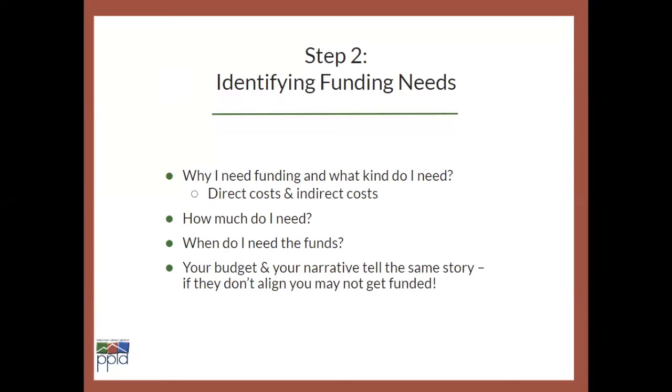Timing. When do you need the funds, right? Don't say you need it next week. Finding a grant, writing a grant, that's not something you can do in one lunch hour. So think about the entire process from the time you begin your research until the time you actually receive the funding.